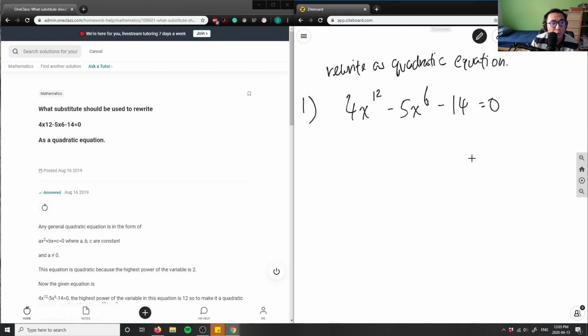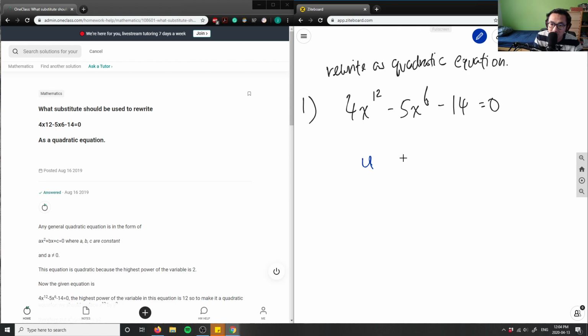If we want to rewrite this as a quadratic, I need to rewrite it as something to the power of 2. I'm going to do this in blue. I'm going to make a new variable, u. I'm going to let u equal something. All I'm doing is changing my exponent here.